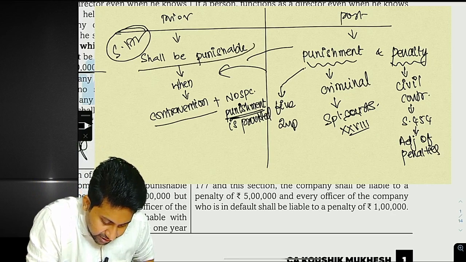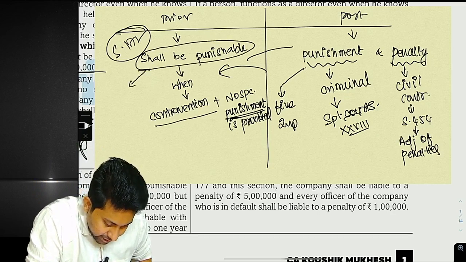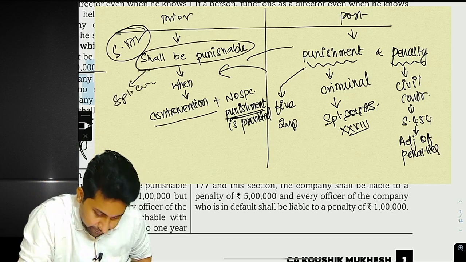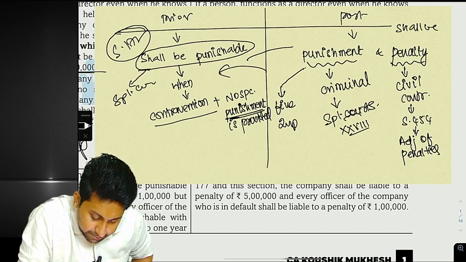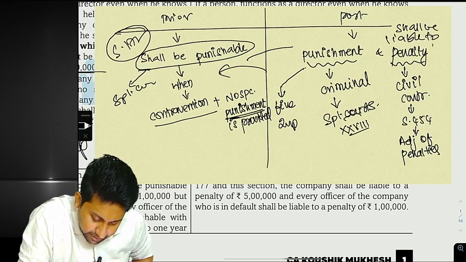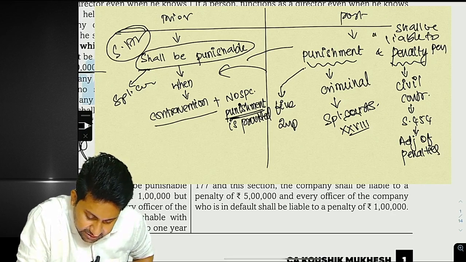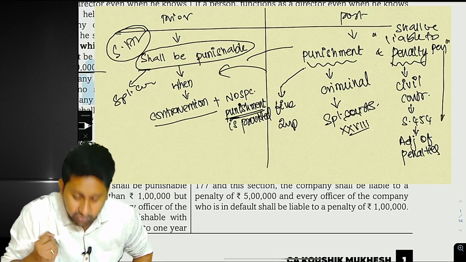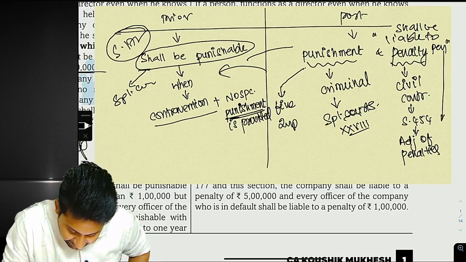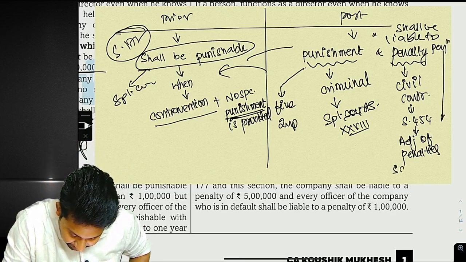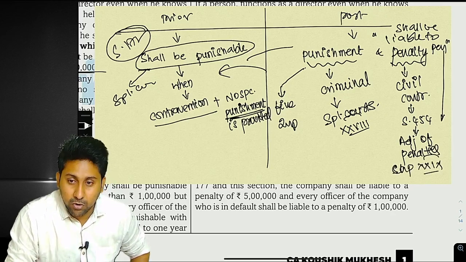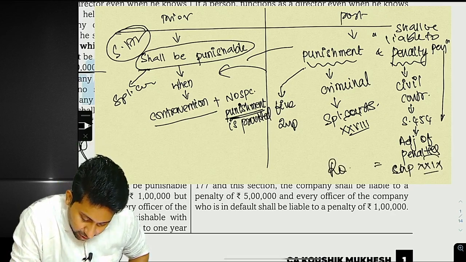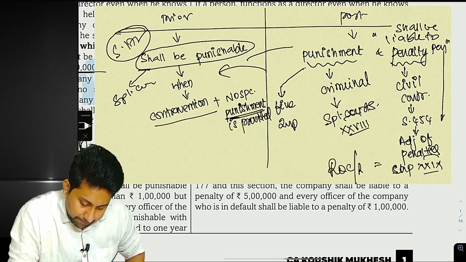Whenever you find the term shall be punishable, the special court will take care. Whenever a section uses the words shall be liable to a penalty, it goes to 454, adjudication of penalty. This comes under chapter number 29. Who will adjudicate the penalty? ROC or appeals to the RD.